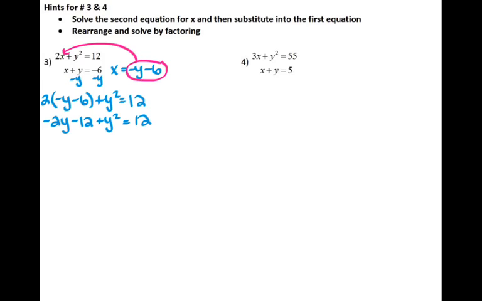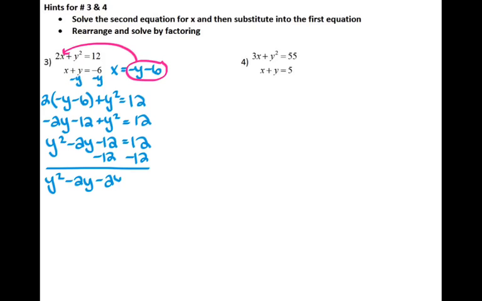Your second hint says to rearrange and solve by factoring. So I'm going to rearrange this and then get it equal to 0. So I have y squared minus 2y minus 24 equals 0.